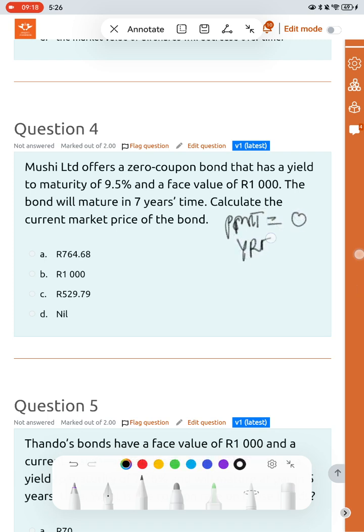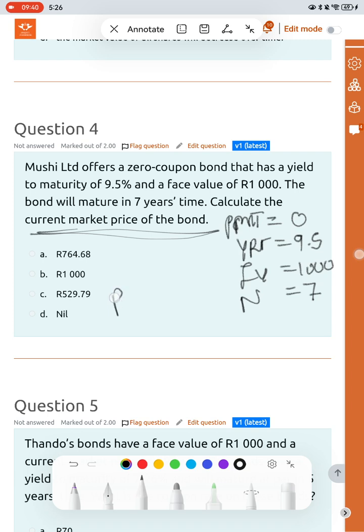Yield to maturity equals 9.5. Face value equals 1,000. N is 7. It's saying calculate the current market value of the bond, so we're looking for the money now, the present value.